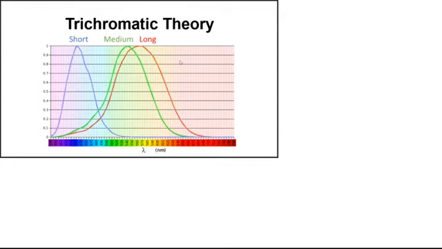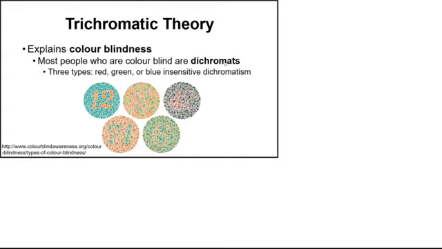So we said, okay, it doesn't do a fantastic job of explaining yellow, but what it does do is an amazing job at explaining color blindness. Some people have trouble differentiating between different colors. Most people that we see who are colorblind end up being what are called dichromats.